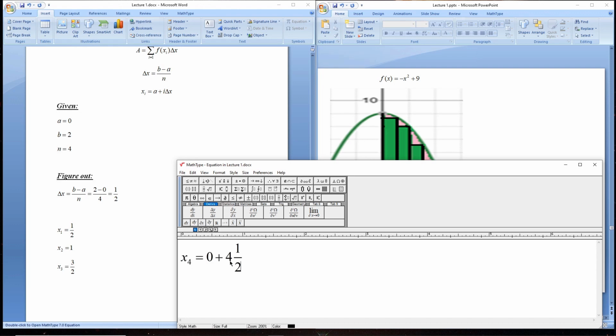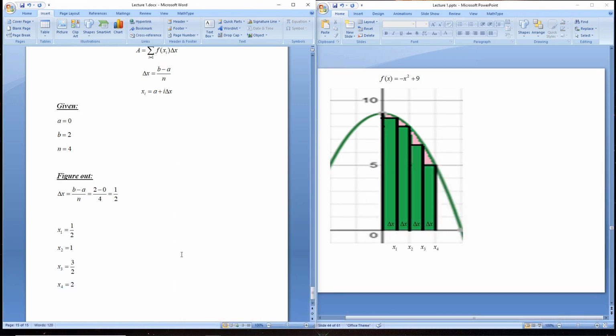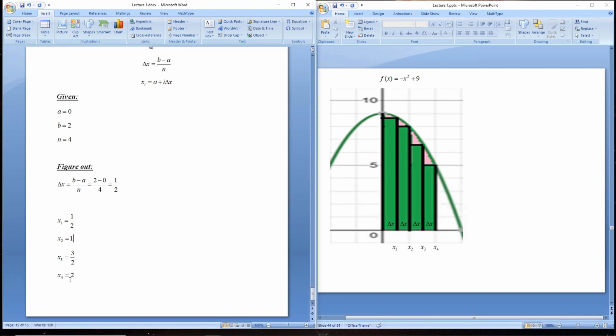So 0 plus 2 gets us 2. And here we have then our 4 positions for the rectangles. The first rectangle is at a half, the second is at 1, then 3/2, and then the final rectangle all the way to the right is at x4. x sub 4 is 2.